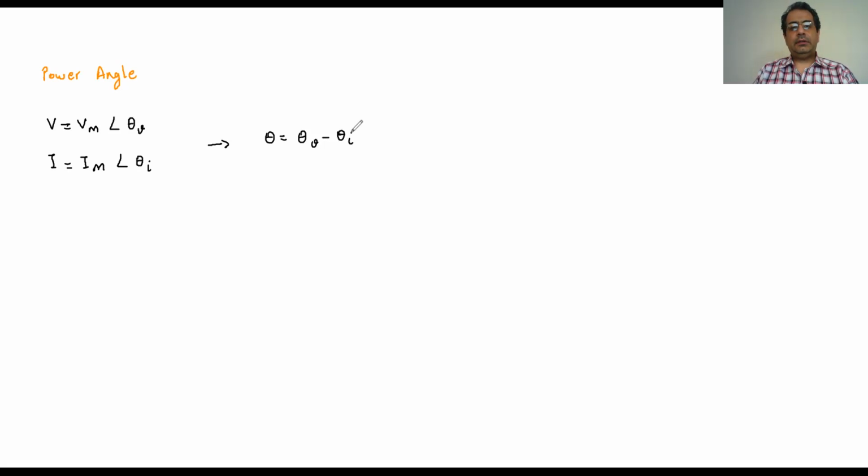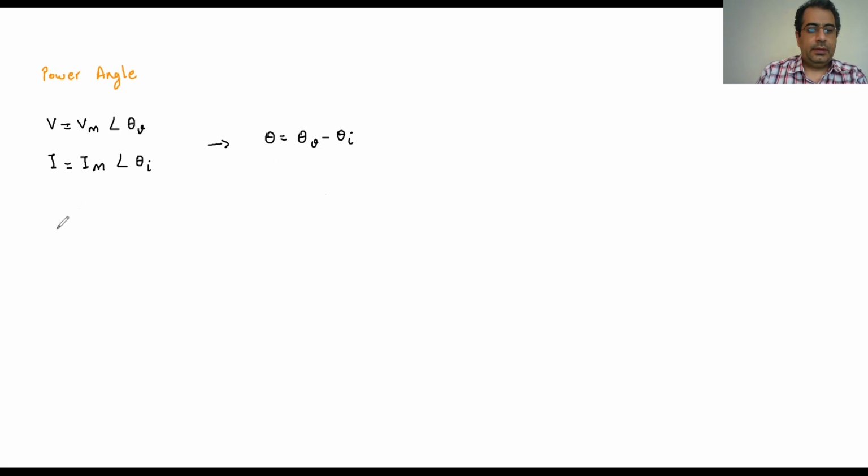So in all cases up to this point, we assumed this one is 0, so theta was the negative of theta I. But this is the general format. Whatever you consider for theta V, you are going to get the right theta. Now this theta can have a couple of conditions.